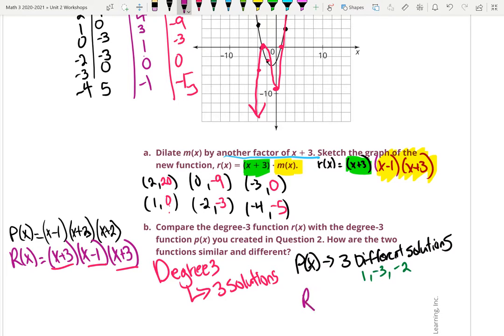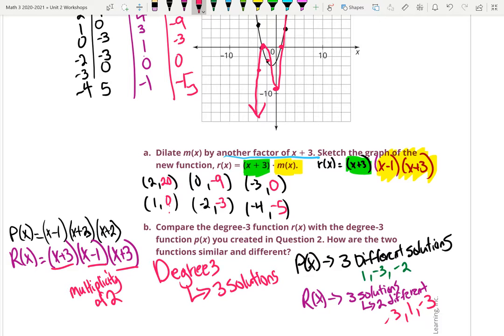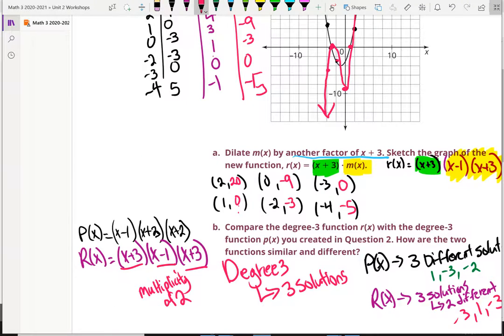But in contrast, R of x has 3 solutions, but 2 of them are the same. So it is still a degree 3. It just has a repeat in the answers. Negative 3, 1, and negative 3 again. This is known as having an answer with a multiplicity of 2. That's it for now.